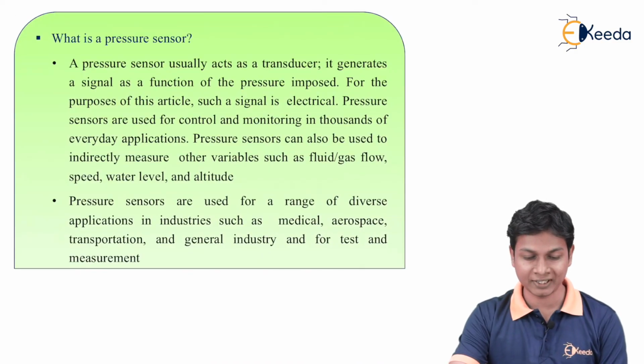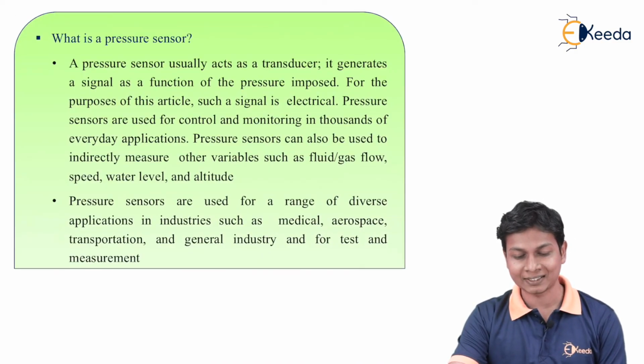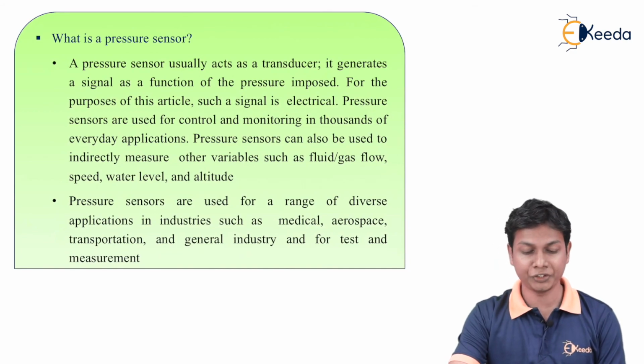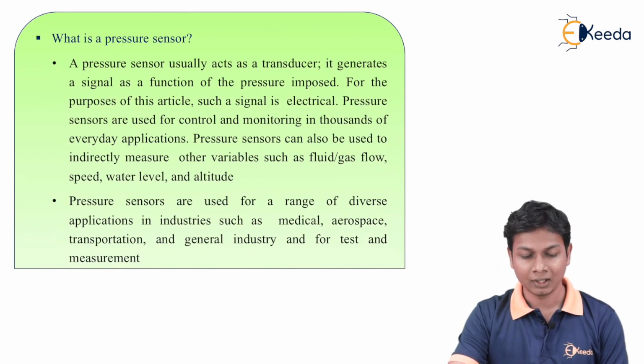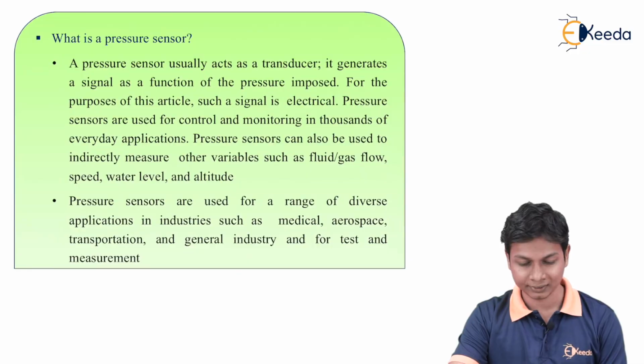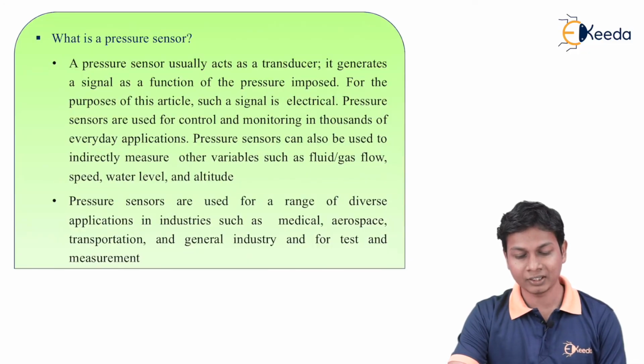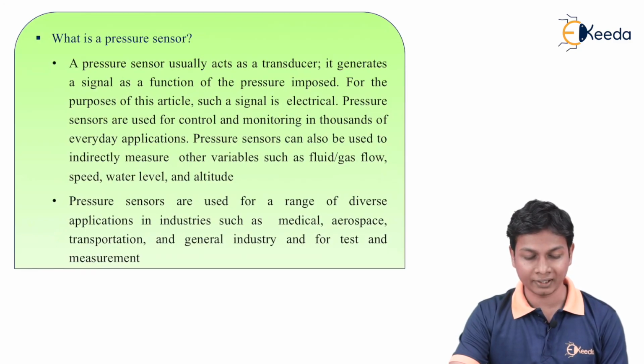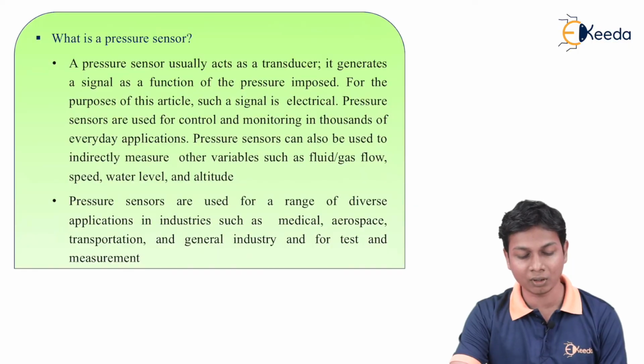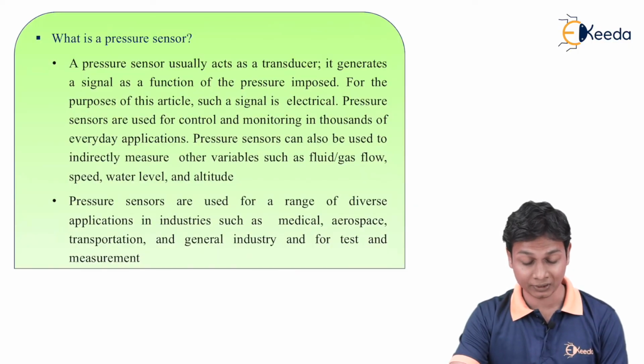Now, a pressure sensor usually acts as a transducer. It generates a signal as a function of the pressure imposed, and such a signal is electrical. Pressure sensors are used for control and monitoring in thousands of everyday applications.